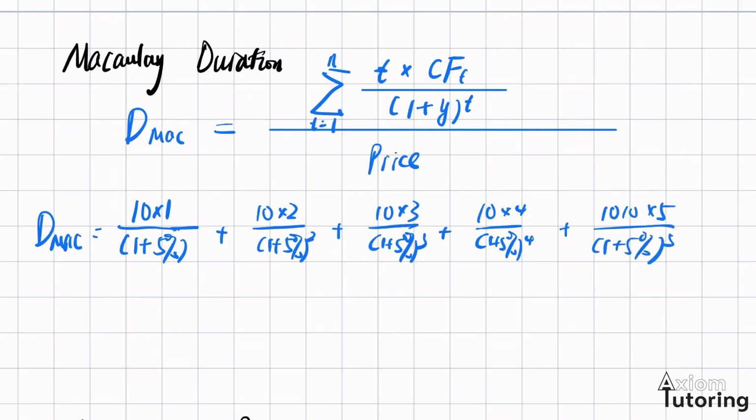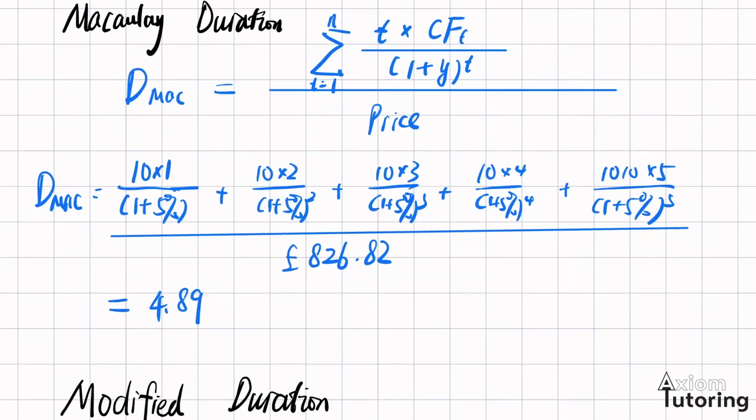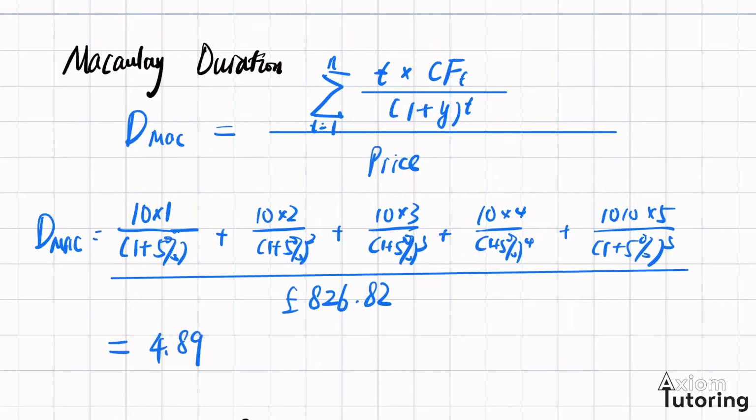Okay, and all of this divided by its price, which we already have, which is 826.82 pounds. This should give us a number close to 4.89. So we can say the duration of the first bond is 4.89 years. You can say years, or you can just say 4.89.